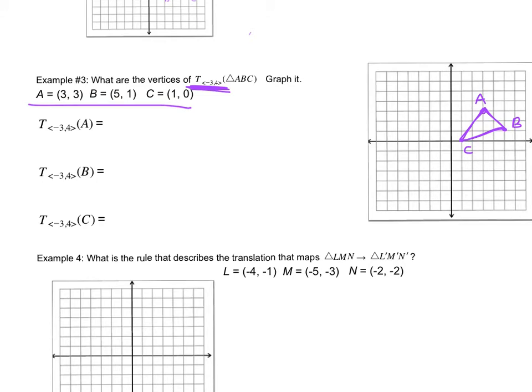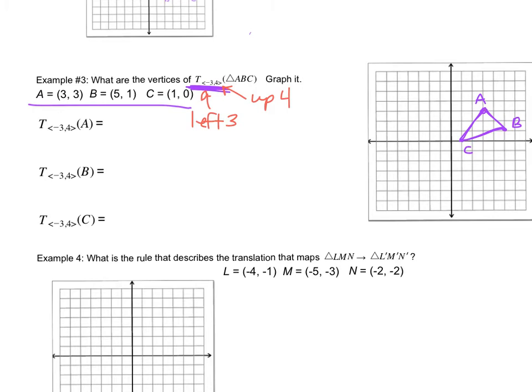Left 3, not down. Left 3, up 4, right? So if this is negative, you're going left 3. This is positive, you're going up 4. So just keep in mind your first one is your left and right. Your second one is your up and down, okay? So I could right now just do this.